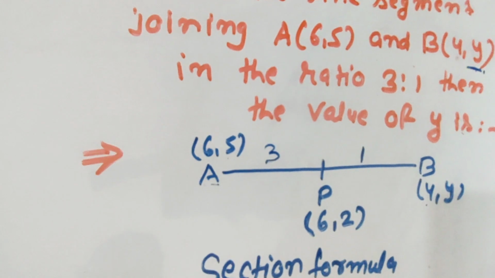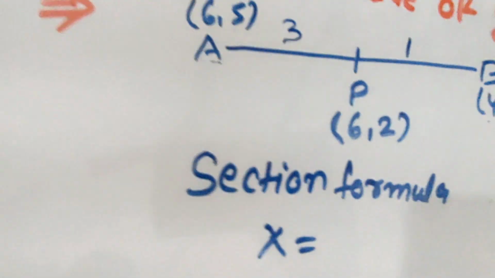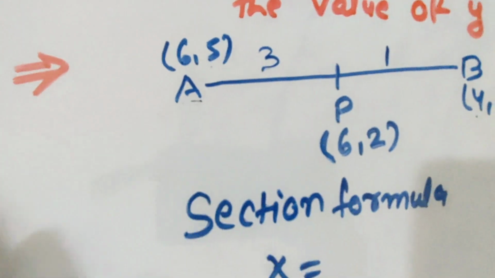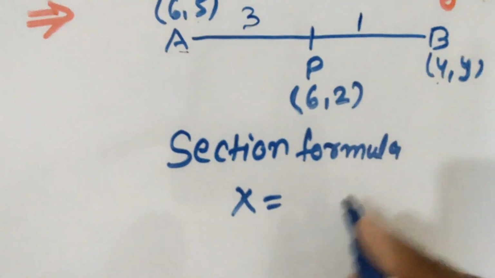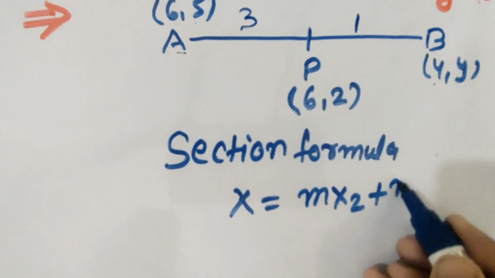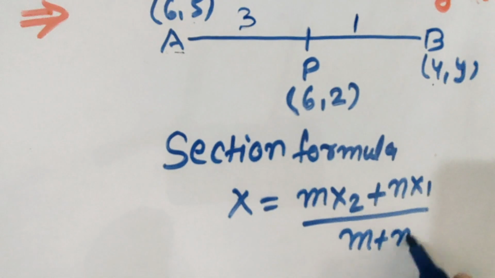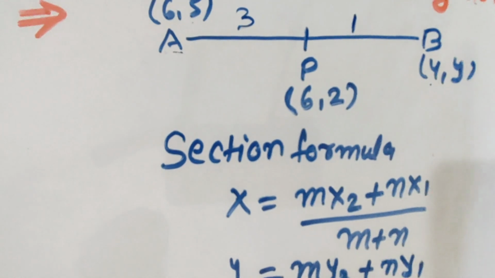The section formula: the x coordinate is (mx2 plus nx1) by (m plus n), and the y coordinate is likewise (my2 plus ny1) by (m plus n).